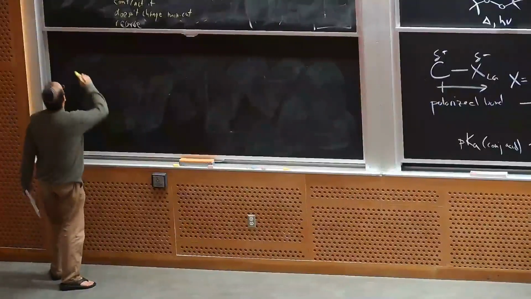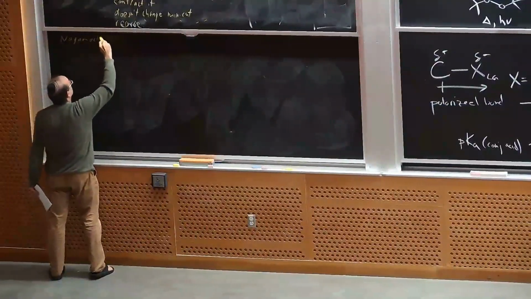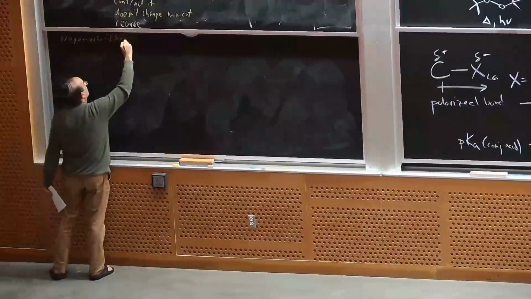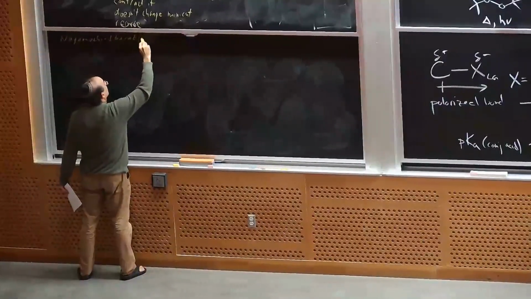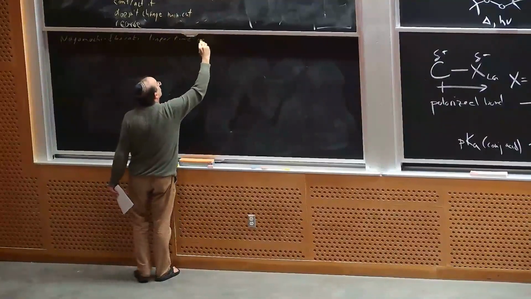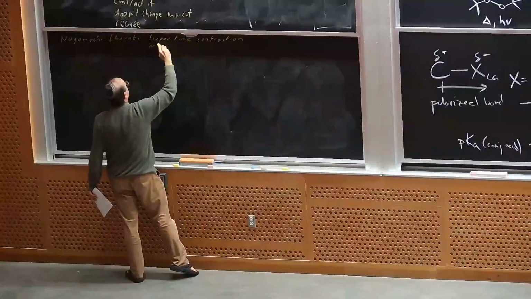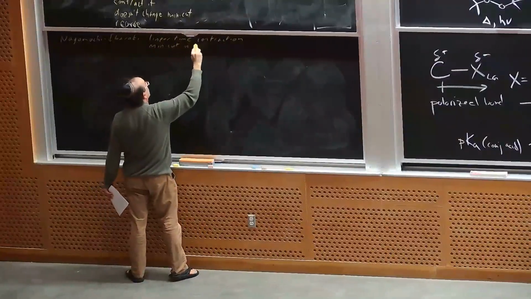Okay, so Nagamochi Ibaraki gave us this linear time contraction, which gave you the min cut in order mn time.